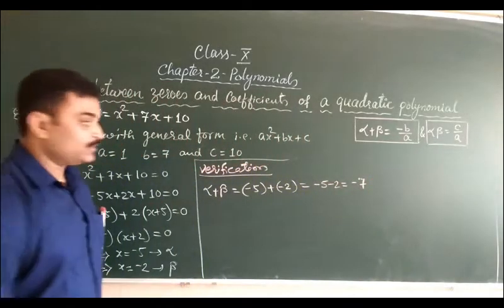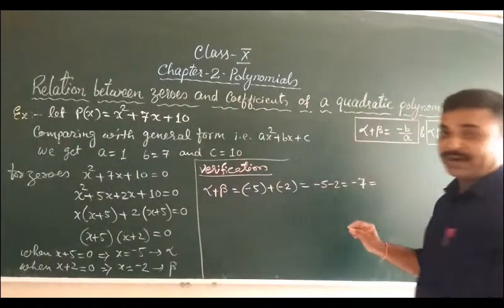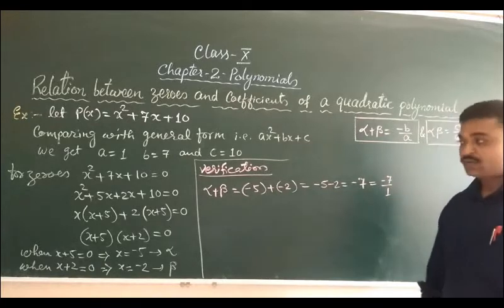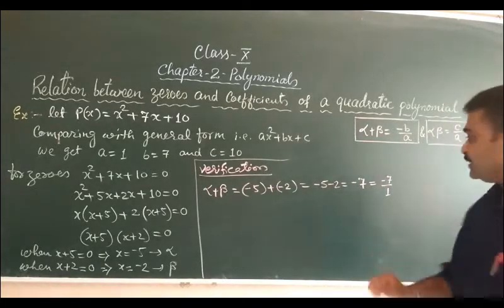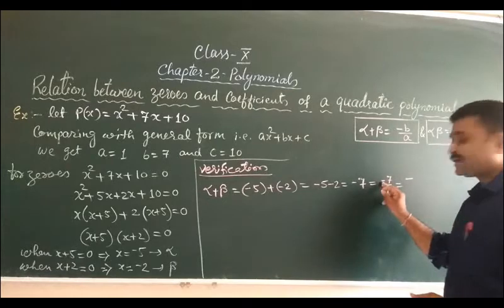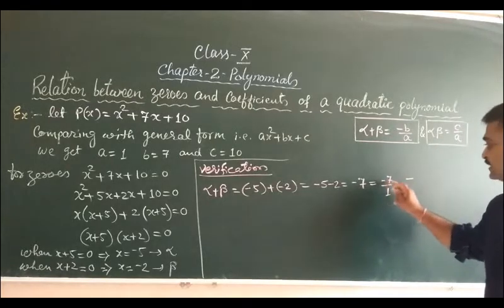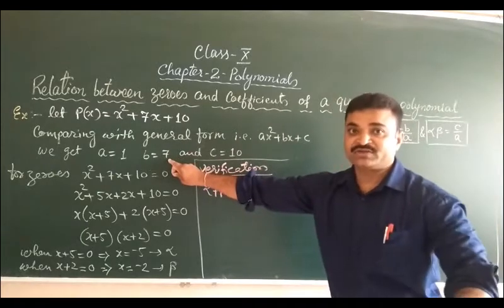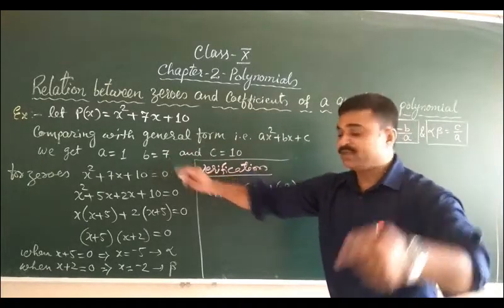We can write minus 7 as minus 7 upon 1. So students, you can see here this minus sign as it is. And this 7, what is this 7? 7 is the coefficient of x, that is b.